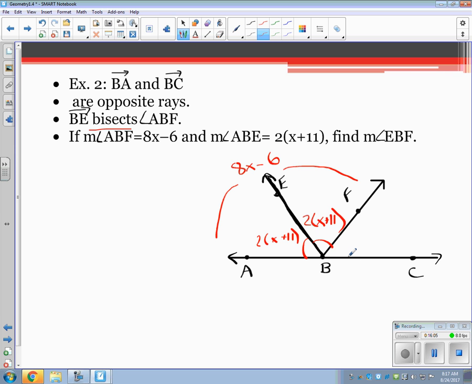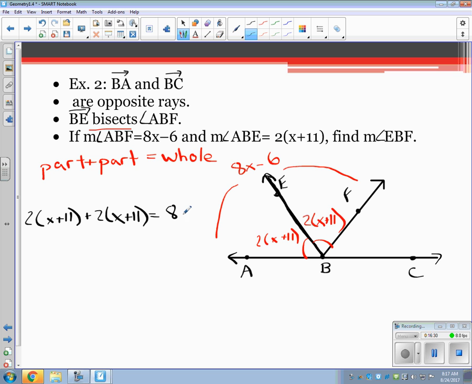And then what stands out to me is I've got 2 parts, and I've also got the whole. So an idea that we used before was part plus part equals whole. So I'm going to apply that right now, and my 2 parts are 2 times x plus 11 plus 2 times x plus 11 equals our whole, which was 8x minus 6.